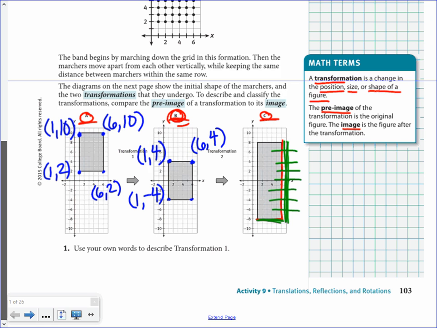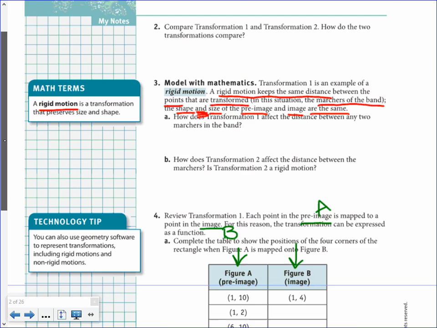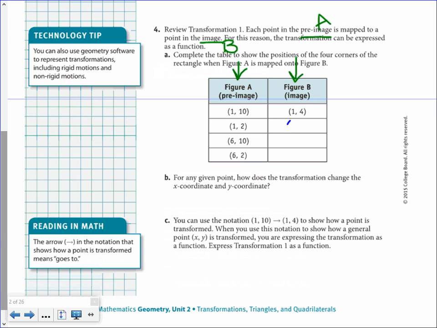On the image, the bottom right corner is (6, -4). So I'm going to fill in those on the chart. So that's what we just did with our graph. Just plotted each individual vertex.